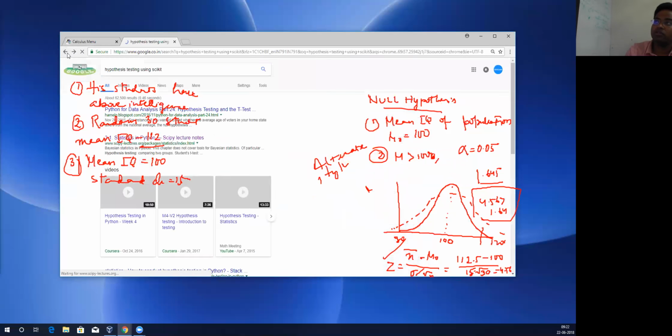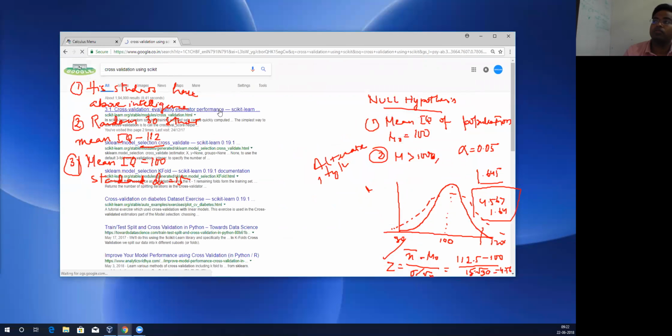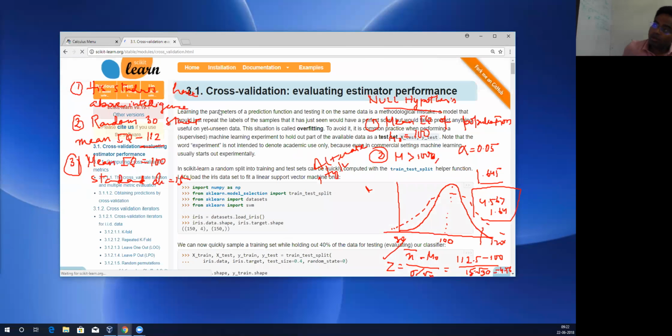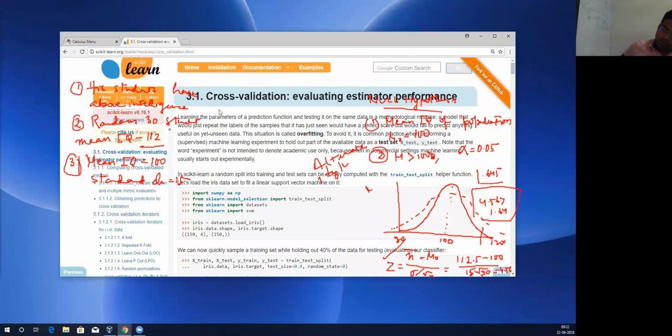Otherwise, you can use simple cross validation.